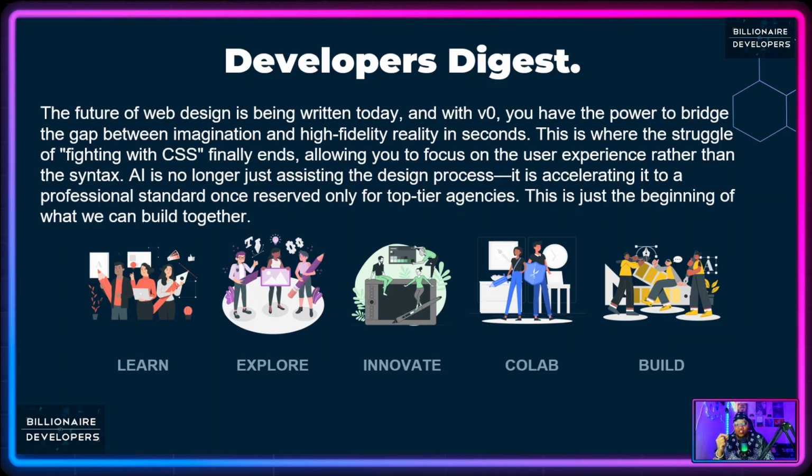This is where the struggle of fighting with CSS finally ends, allowing you to focus on the user experience rather than the syntax. AI is no longer just assisting the design process, it is accelerating it to a professional standard once reserved only for the top tier agencies. This is just the beginning of what we can build together.